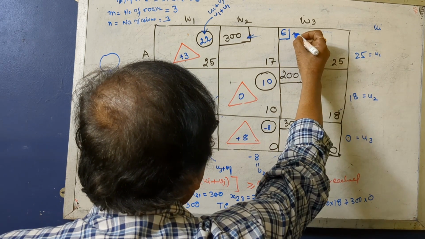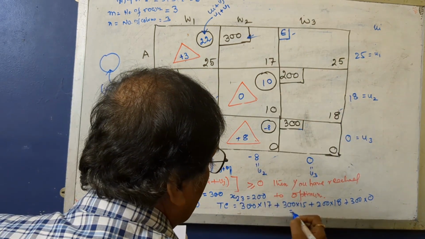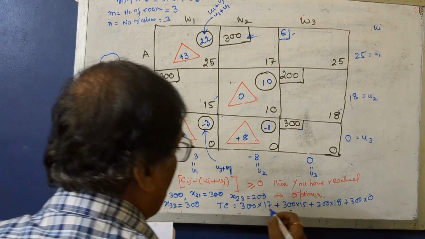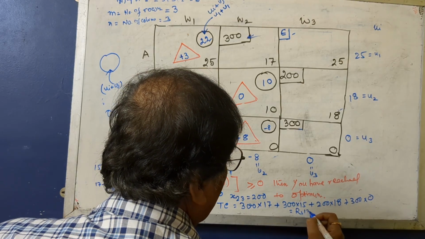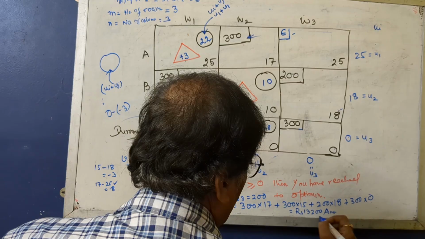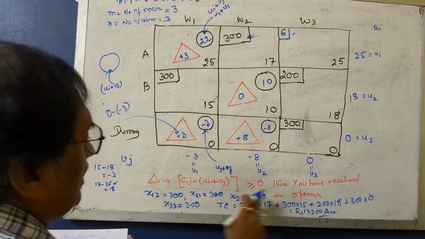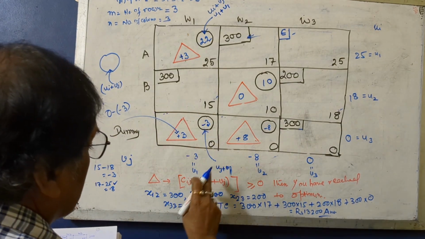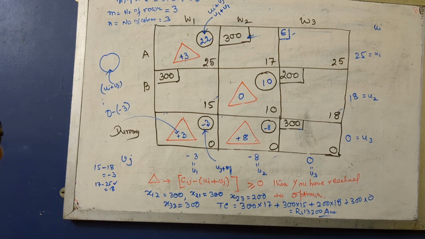We are not considering this as it is a very negligible quantity. It will have no impact. The total cost will be rupees 13,200. This will be the minimum cost for transportation, and these are the decision variables: from which source, to which destination, how much quantity you have to shift.